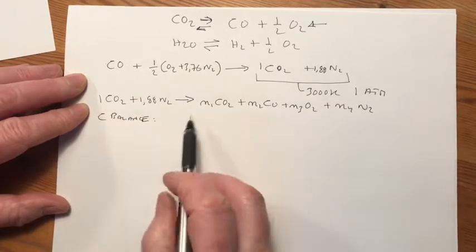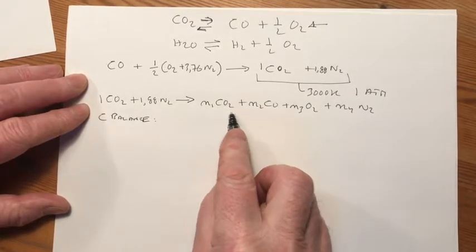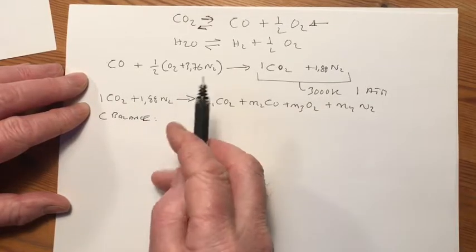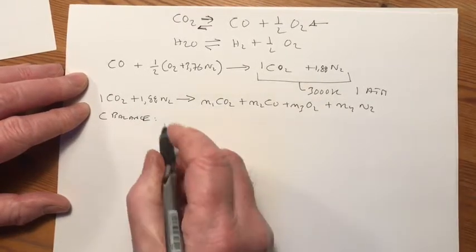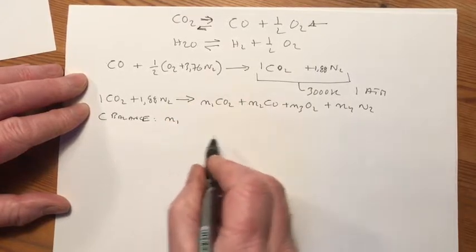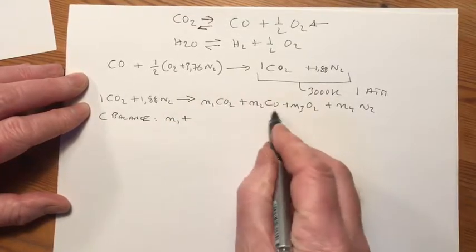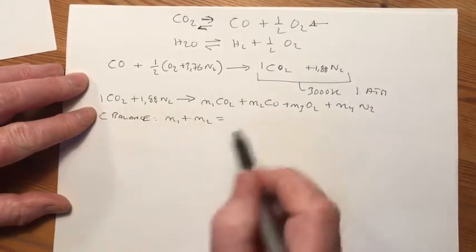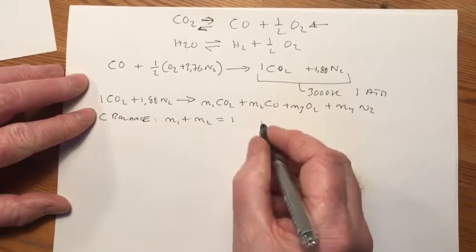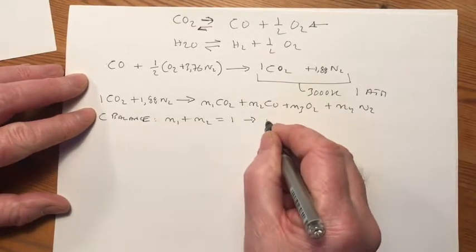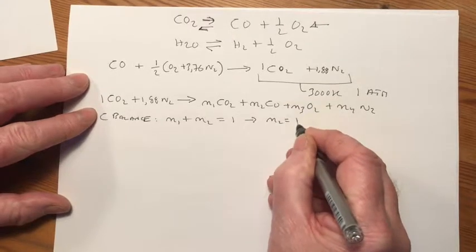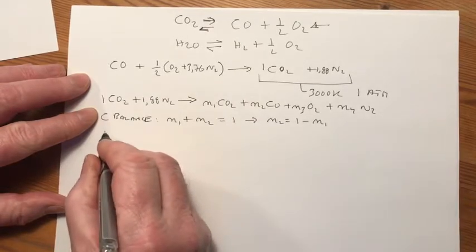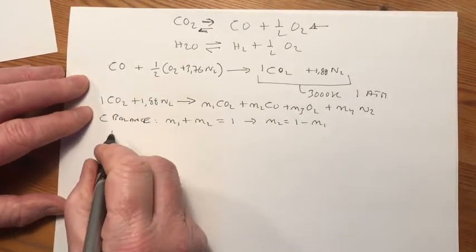This simply means we balance the number of carbons on the right hand side to the number of carbons on the left hand side. So we start off with 1 carbon here, so that becomes N1 plus N2, and that's equal to the number of carbons on the left hand side, which is equal to 1. Now for convenience, we will rewrite this as N2 is equal to 1 minus N1.